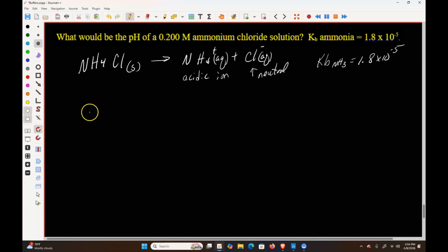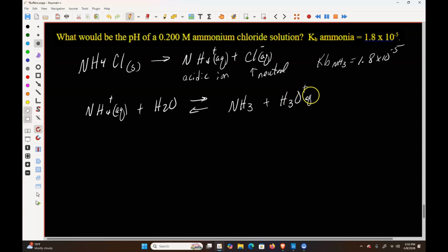So let's write out that reaction. We have ammonium plus water will give you ammonia plus a hydronium. Here's our ICE table.